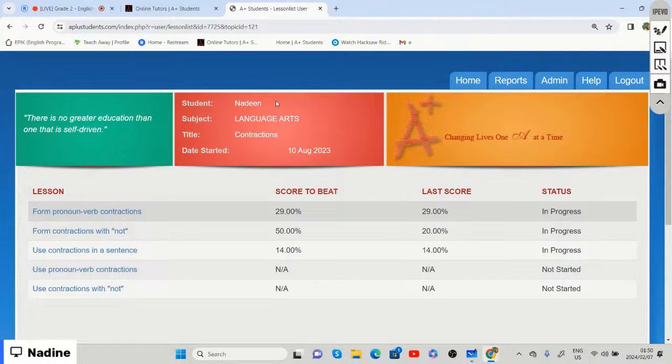Thank you very much for joining our class. Remember, a contraction is a shortened form of two words that we basically make into one word. Whatever letter or letters we leave out or remove, we put an apostrophe in each place.